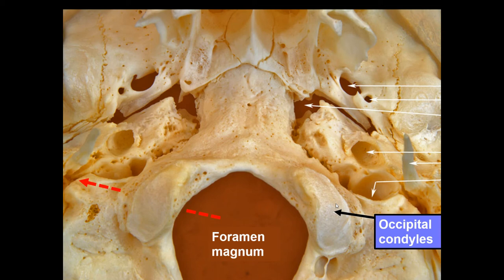Superior to the occipital condyle, now this is upside down, so it's backwards, but superior to the occipital condyle is a hole. And a nerve goes through here, which is called the hypoglossal nerve. And so the hole is called the hypoglossal canal.